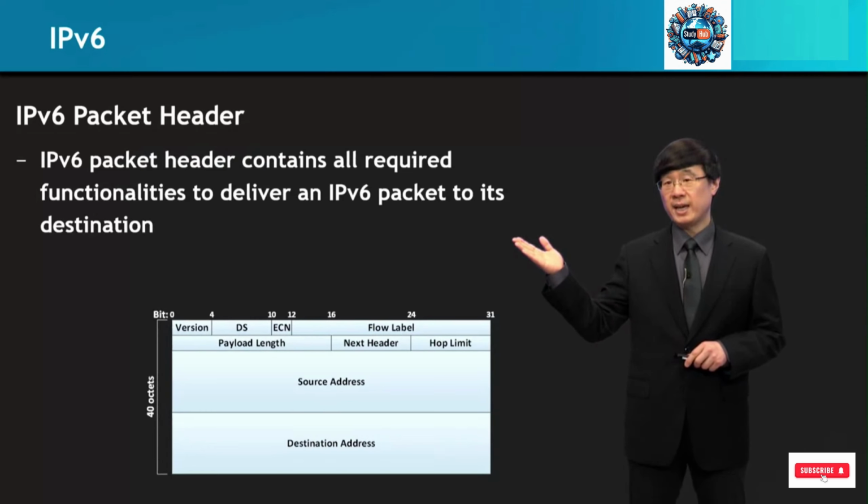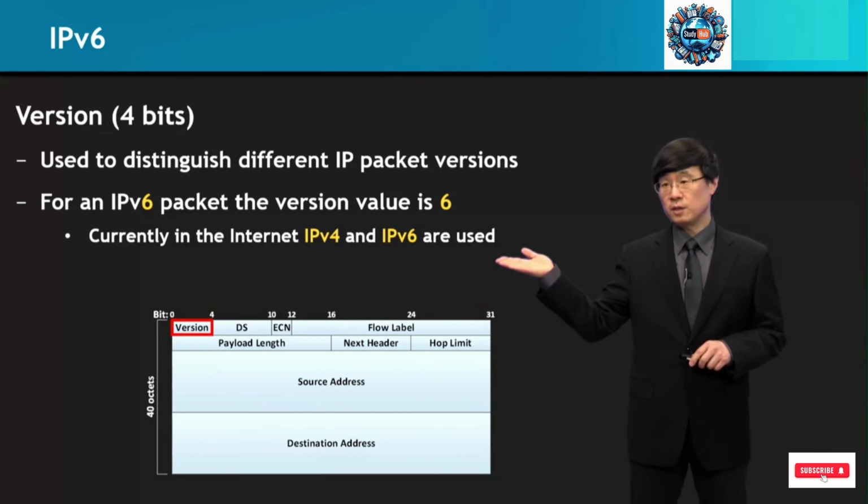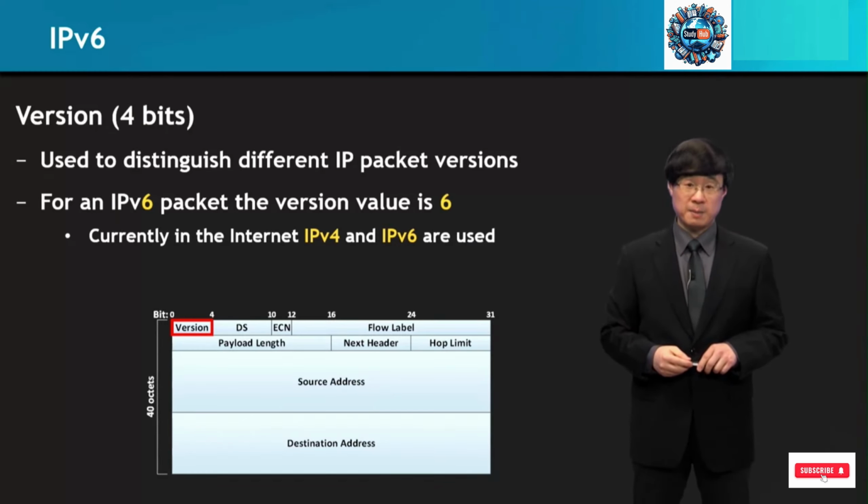The IPv6 packet header contains all required functionalities to deliver an IPv6 packet to its destination, and that's why it's a datagram. The first field is the version field, and it includes the number 6 in binary listed over there, and that's because it's an IPv6 packet.